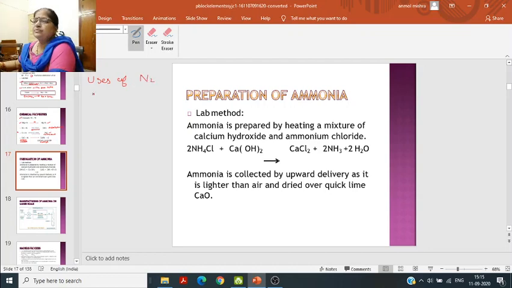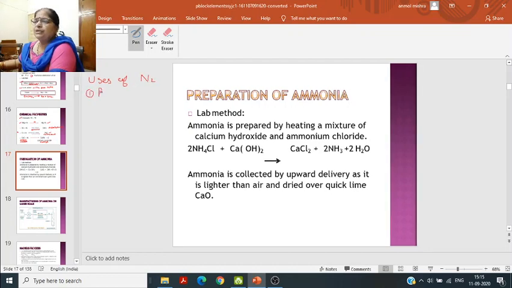Number 1, preparation of ammonia, nitric oxide, then calcium cyanamide.